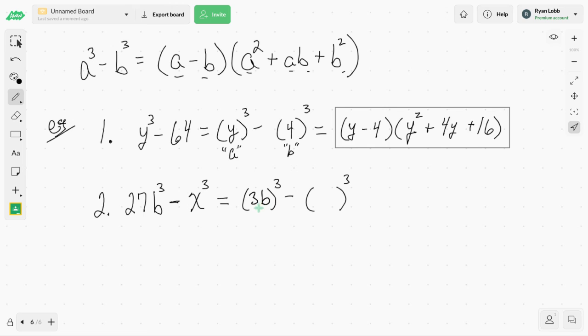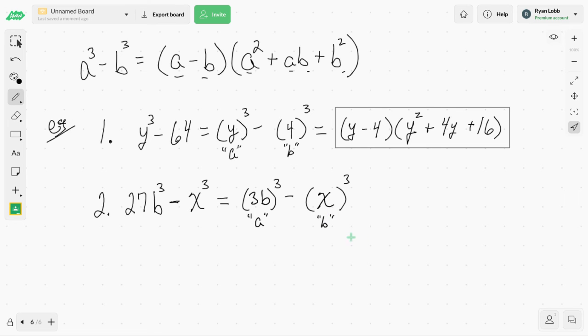If I take 3b times 3b times 3b, I get 27b cubed. What do I replace in this parenthesis to cube to get x cubed? X. Now I put the letter b in front so we understand that this here is the a, right? That's my a cubed minus b cubed.